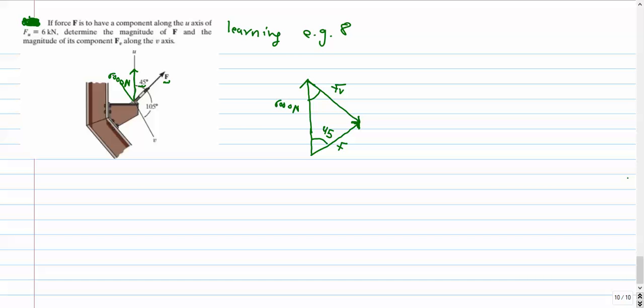If I extend the v-axis upwards, this is the angle that we need, since this is the angle between the u-axis and the v-axis. Now if we look at all these angles at the same time, we come to see that they should all add up to 180 degrees, since this is the v-axis and it's a straight line, and the force F is like this, while the u-axis is like this.